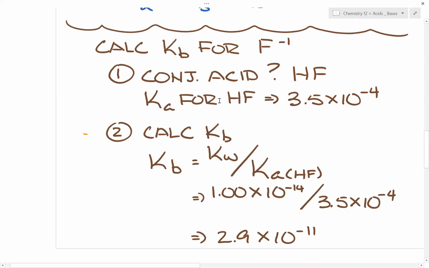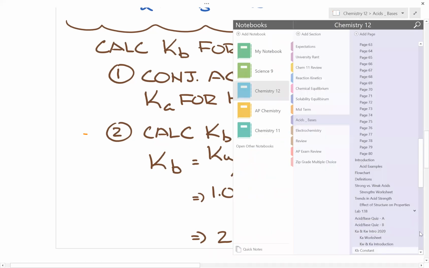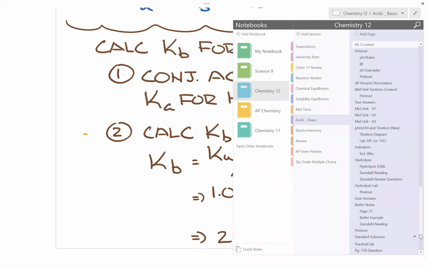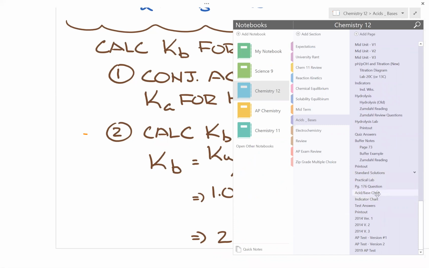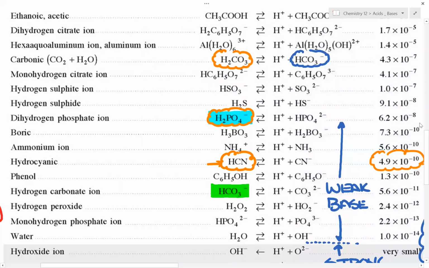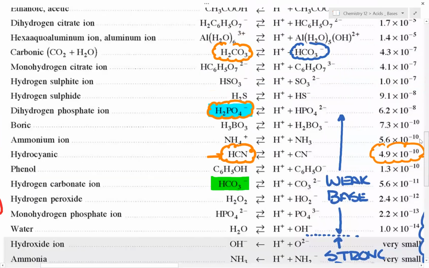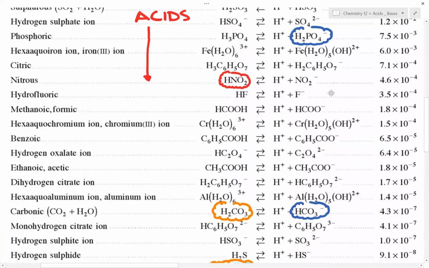So the Ka for HF is 3.5 times 10 to the negative 4. Where did I get that value from? If you look at the chart, if we scroll up, we have HF, 3.5 times 10 to the negative 4 on our acid-base chart.